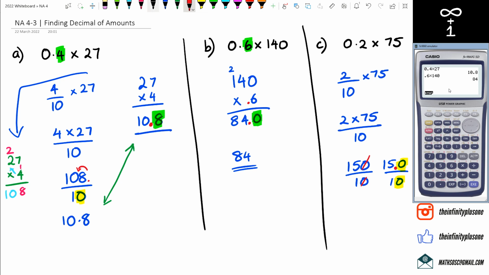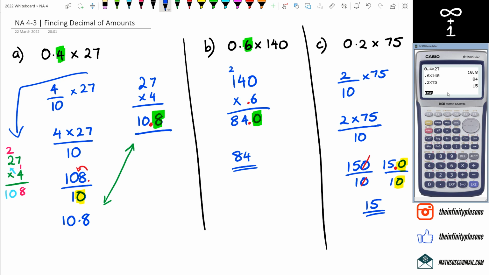So as you can see, both of these give you a final answer of 15. Why don't we put that on the calculator to find out? So 0.2 multiplied by 75 is giving us 15. So guys, as you can see, there are a couple of different ways of doing this. Find the one that works for you, and then of course go with it.